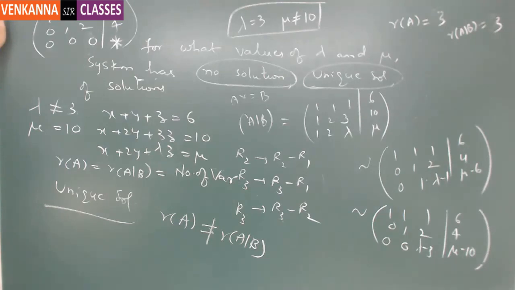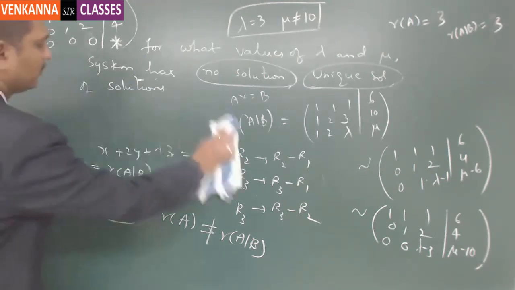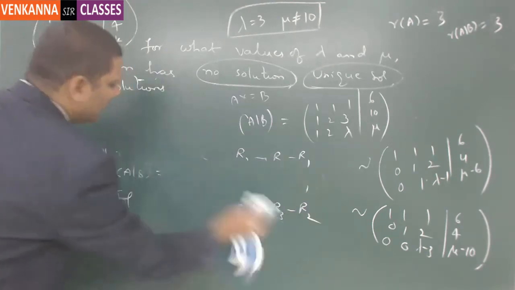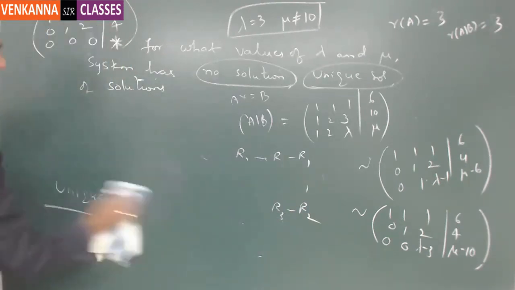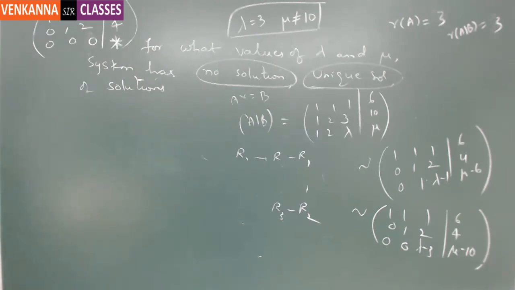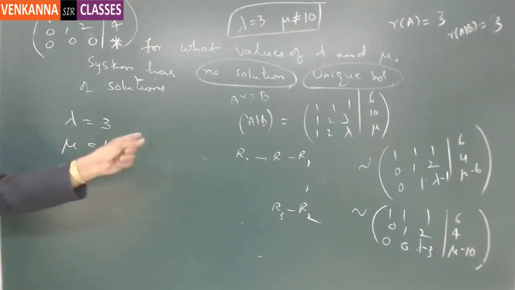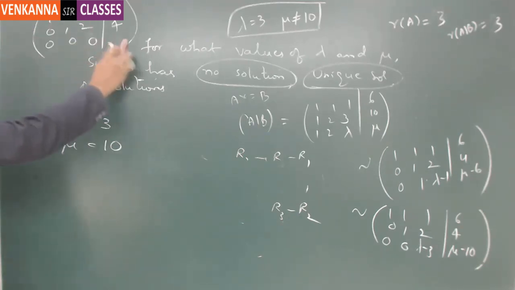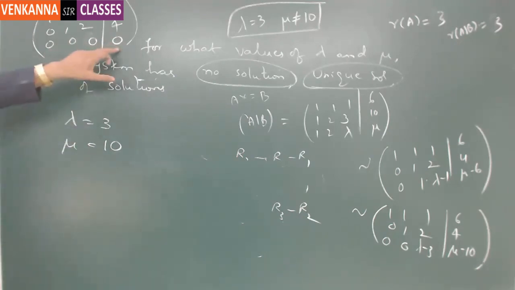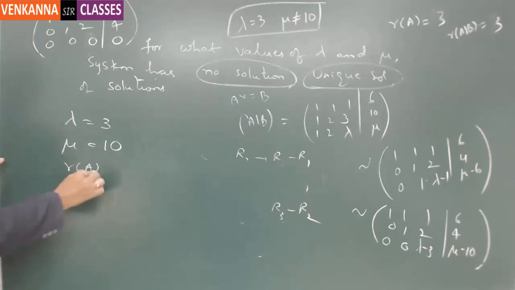Fine. And for the last part, infinite number of solutions is possible only when rank of A and rank of A by B are equal and they must be less than the number of variables. So if lambda is equal to 3 and mu is equal to 10, then the given system will be in the form where the last row becomes completely 0. So rank of A is equal to 2.